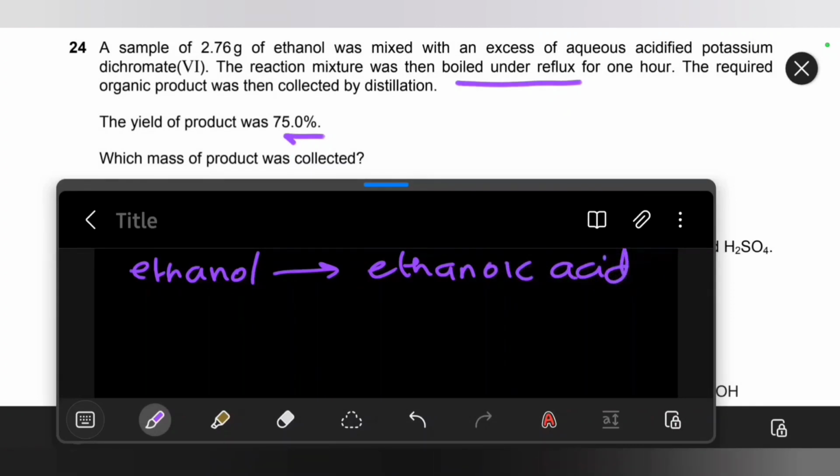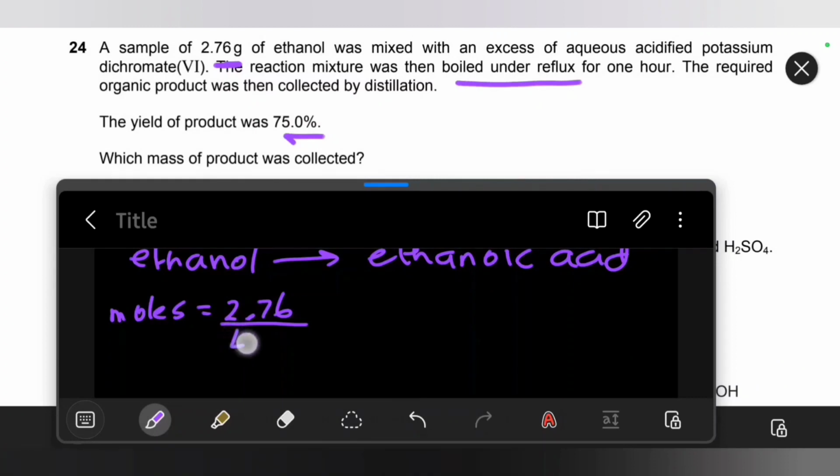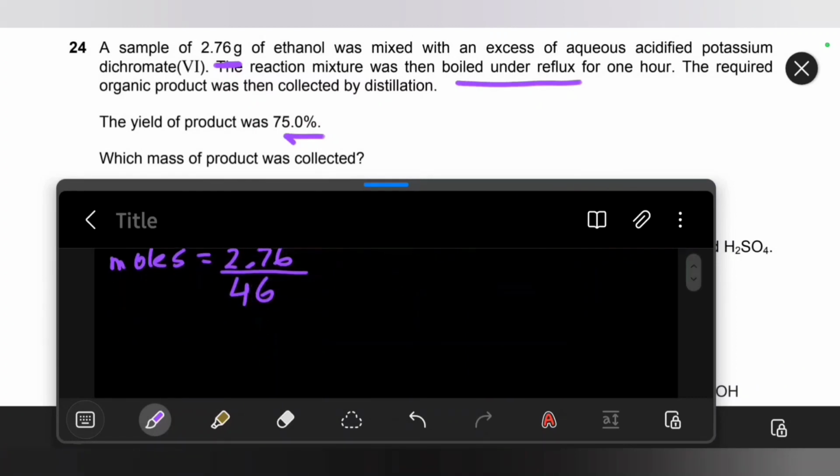That is the organic product that we need. Now we have the mass of ethanol, so we can use that to find the moles of ethanol. Moles is equal to 2.76 over the Mr of ethanol, which is 46, and hence the moles would become 0.06.